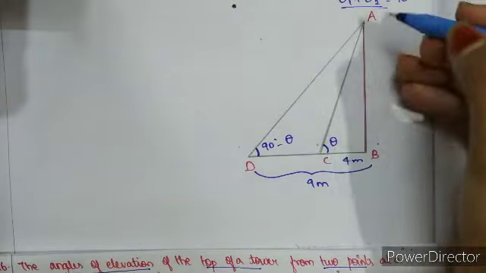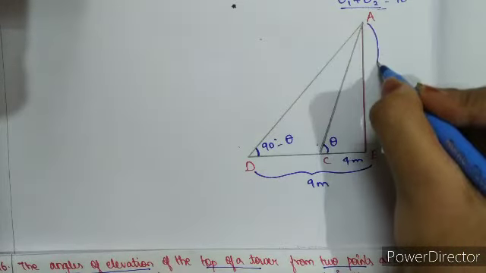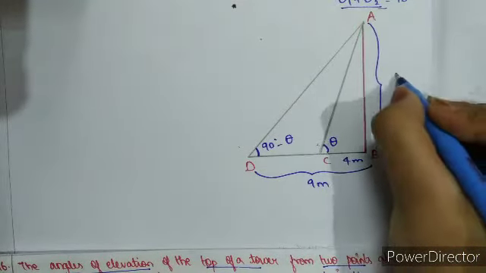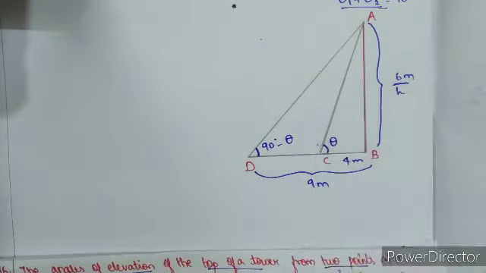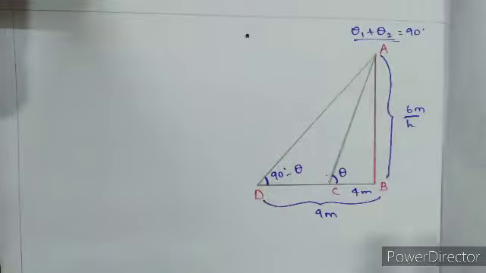So what we have to prove is this AB, the height of the tower, is 6 meter. Let me assume that as H. So first let us write the given.